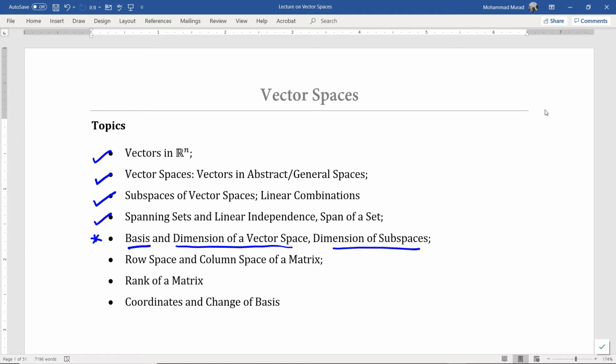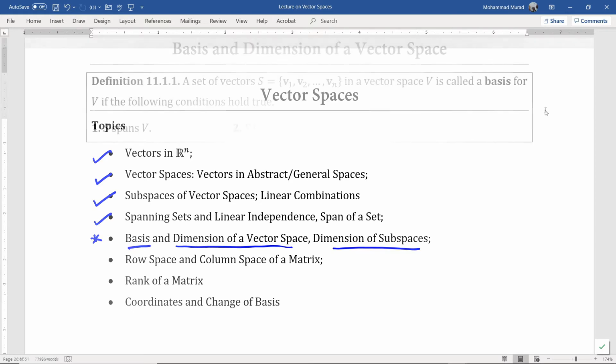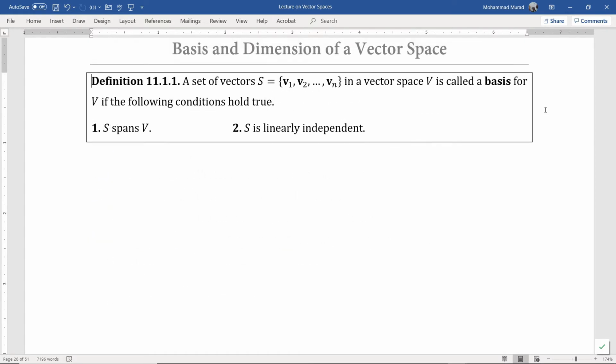Let's begin our discussion with the formal definition of a basis of a vector space. Definition: a set of vectors S containing the vectors v sub 1, v sub 2, all the way up to v sub n in a vector space V is called a basis for the vector space V if the following conditions hold true. 1.